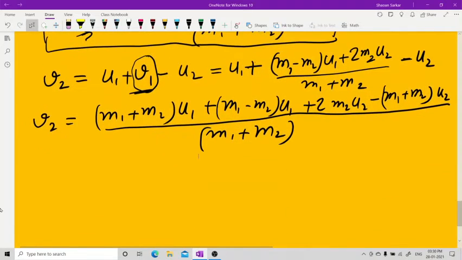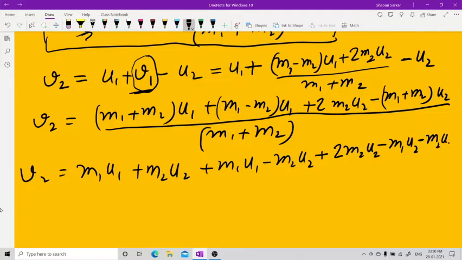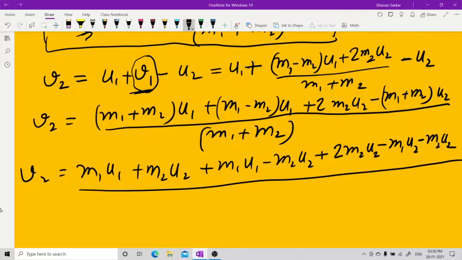See, open up the bracket. v2 is m1 u1 plus m2 u1 plus m1 u1 minus m2 u1 plus 2m2 u2 minus m1 u2 minus m2 u2. Now you have m1 plus m2. Now see, m2 u2 and m2 u2 cancel out.